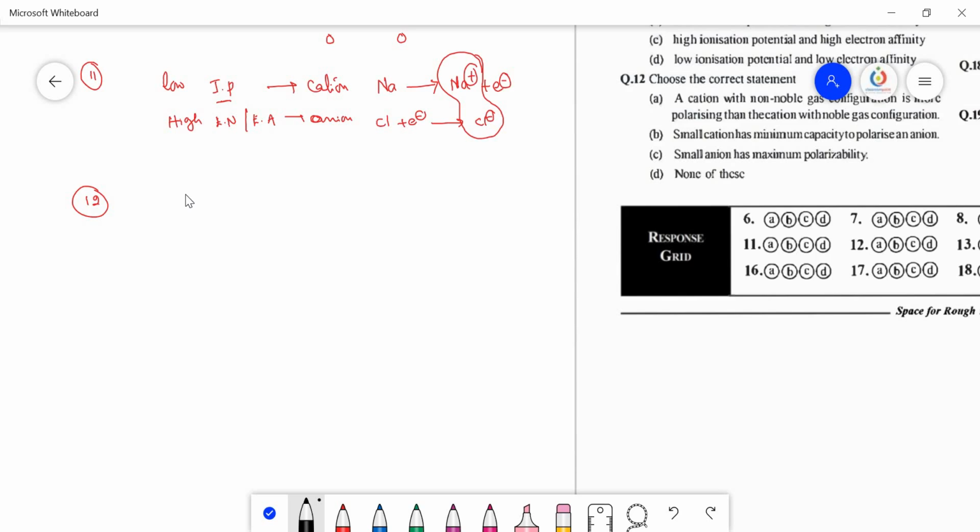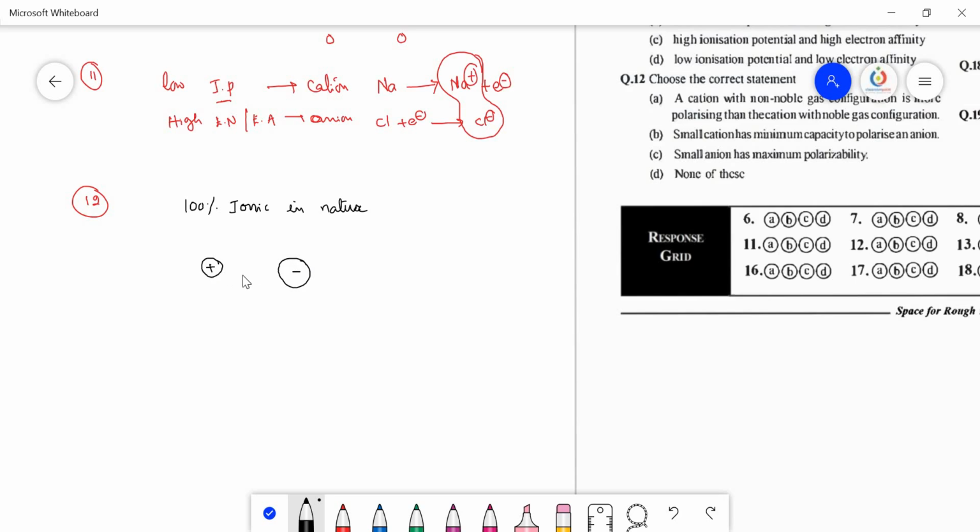According to Fajans' rule, no ionic compound is 100% ionic in nature. They have certain limitations in this sense. We know that a cation is formed, a cation is nothing but a positively charged ion, and an anion is nothing but a negatively charged ion.